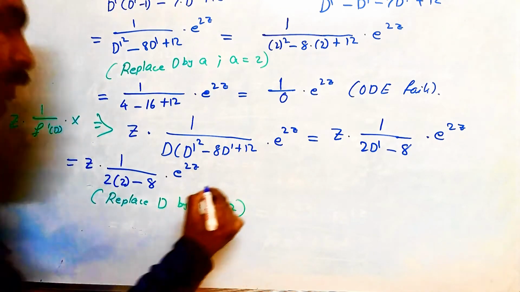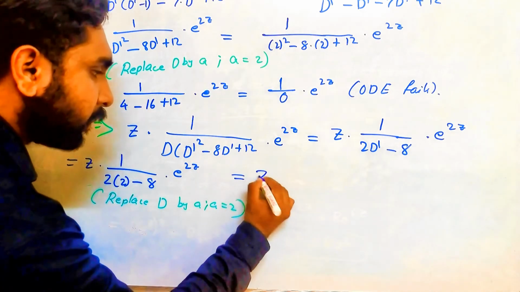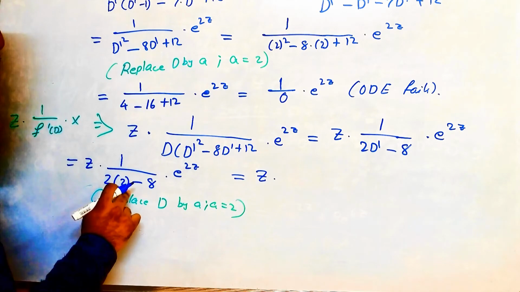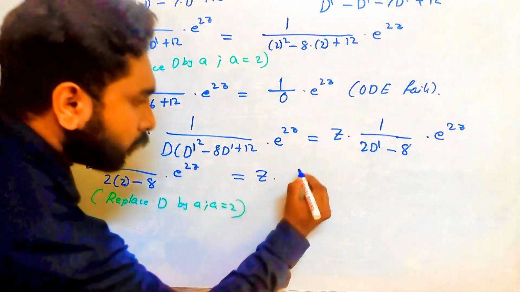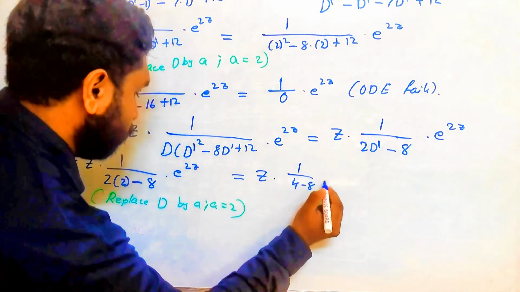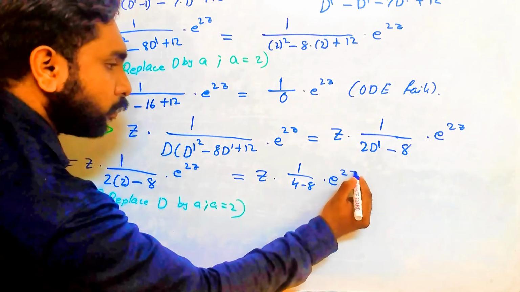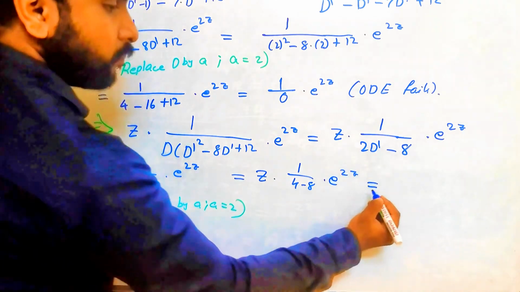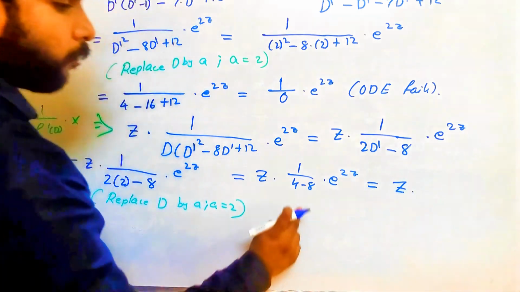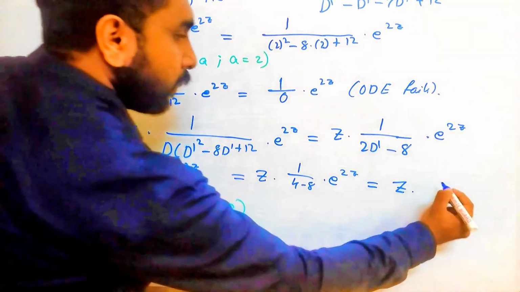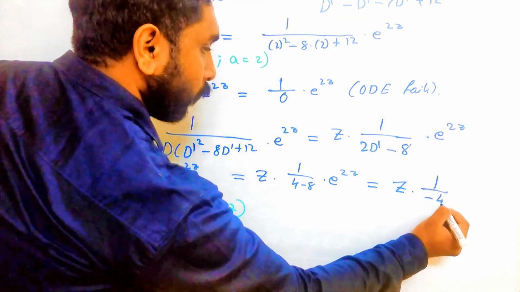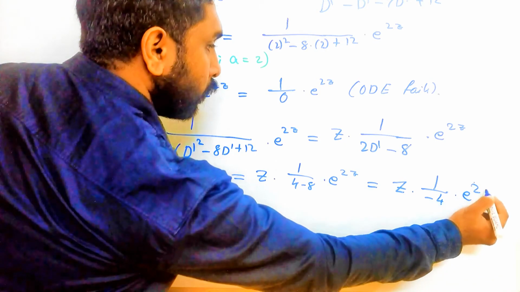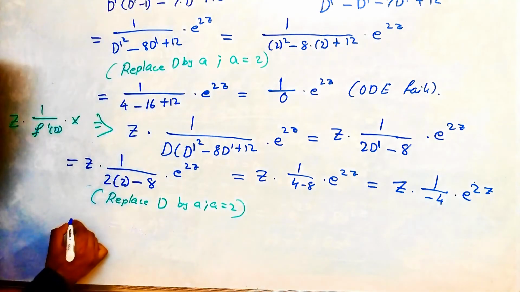Fine. Let's go on solving. Z into 1 by 2 into 2, 4, 4 minus 8. So 1 by 4 minus 8 into e to the power of 2z. That is equal to z into 1 by minus 4 into e to the power of 2z.